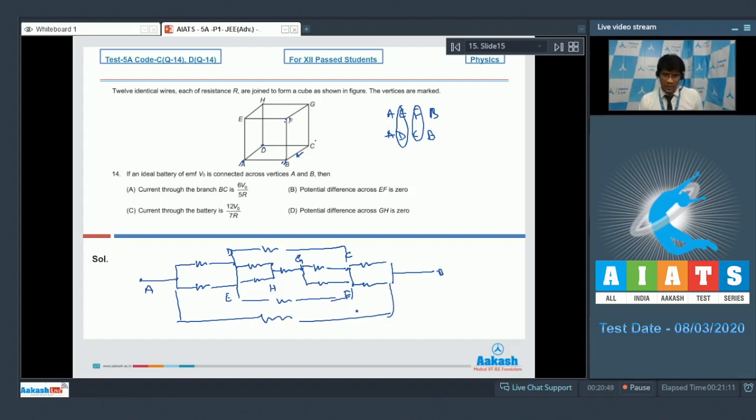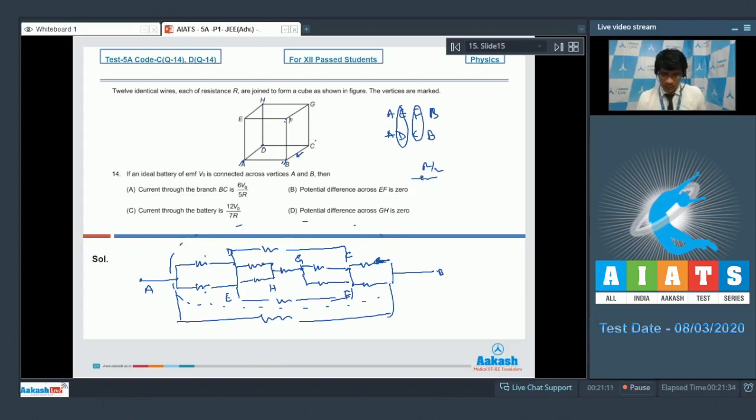For the current through the branch BC, just evaluate the equivalent resistance of this portion only. Branch BC is this branch. Whatever the current, half of it will be flowing across this BC branch. So this part is R by 2.